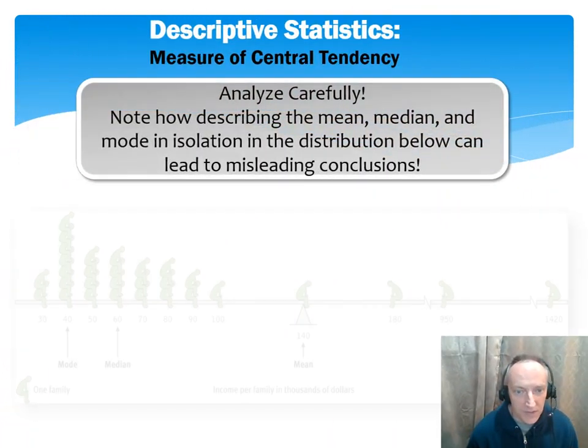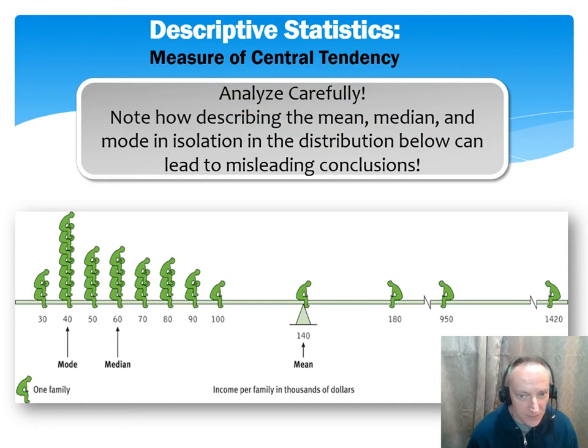Well, the reason we have 3 measures of central tendency is because if we relied on only one, if we relied on just the mean, if we have some extreme numbers, the mean is always going to be pulled in the direction of that extreme.